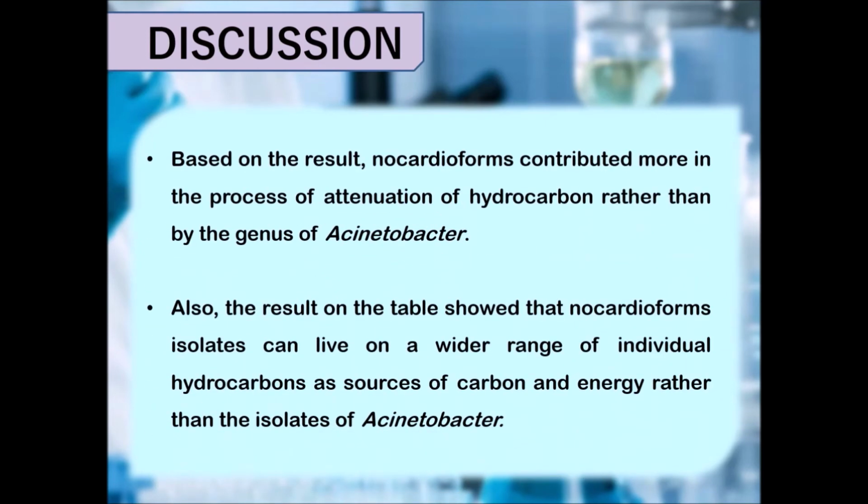Based on the result, nocardioforms contributed more to the attenuation of hydrocarbon than the genus Acinetobacter. Also, the result on the table showed that nocardioform isolates can live on a wider range of individual hydrocarbons as sources of carbon and energy than the isolates of Acinetobacter.